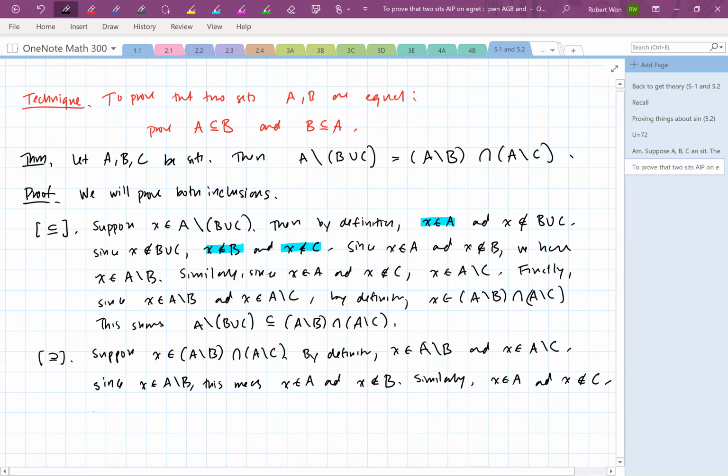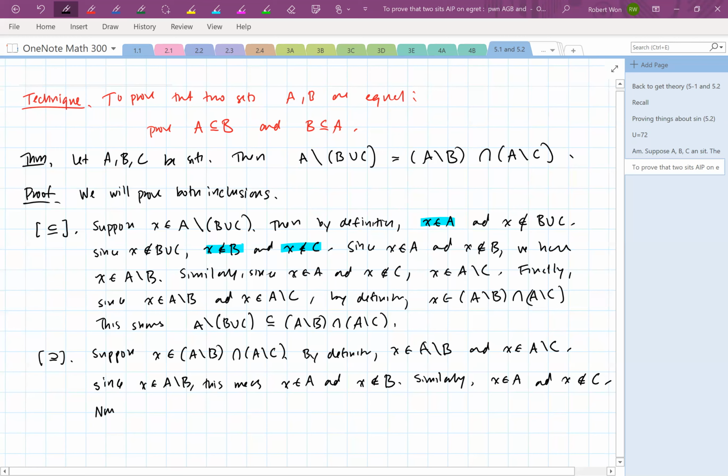I'm having OneNote problems again. Jeez, this always happens. Okay, let me try to close OneNote and then, oh no. Sorry about this.